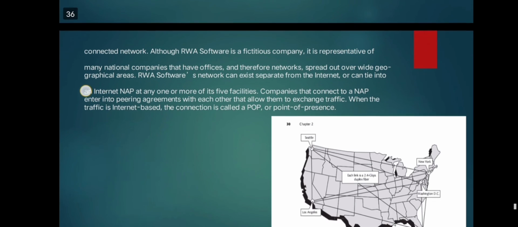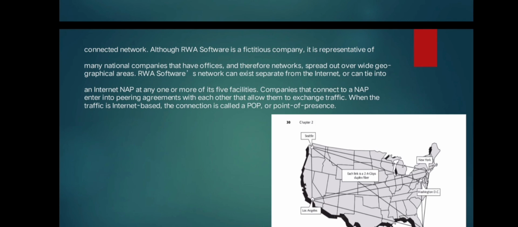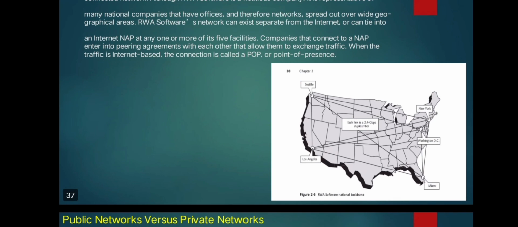The RWA Software network can exist separate from the internet or can tie into an internet NAP at any one or more of 5 facilities. Companies that connect to a NAP enter into peering agreements with each other.